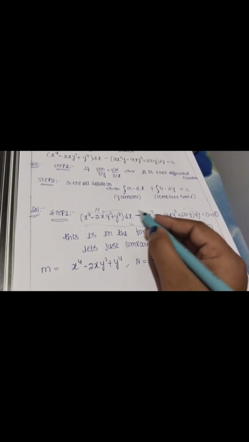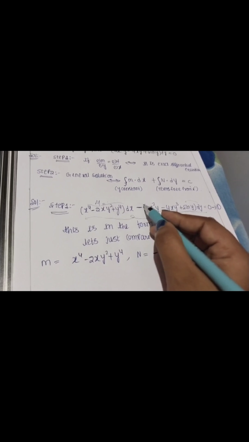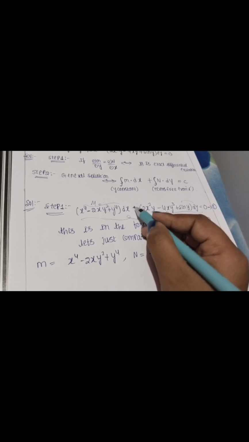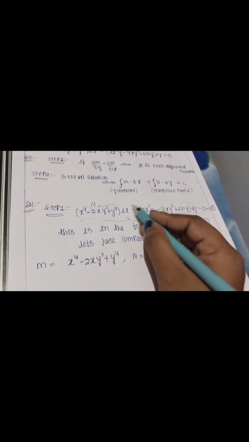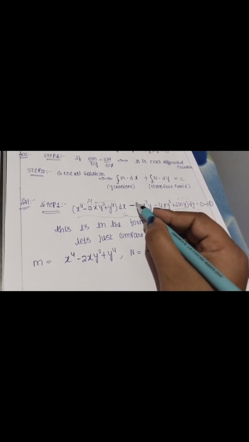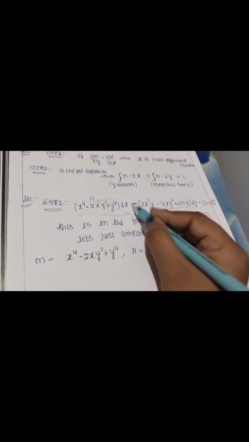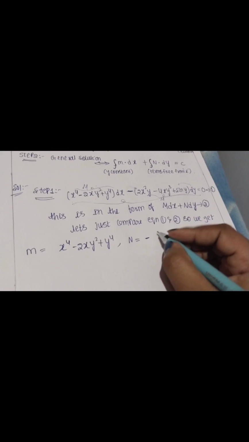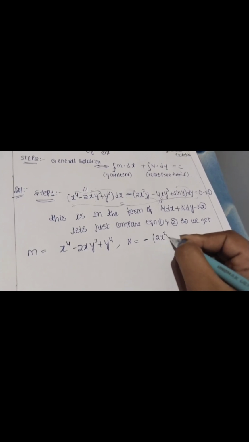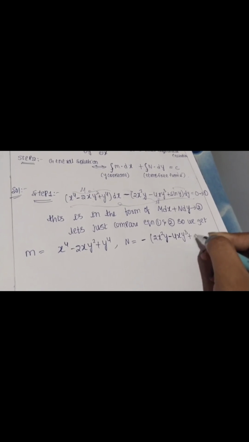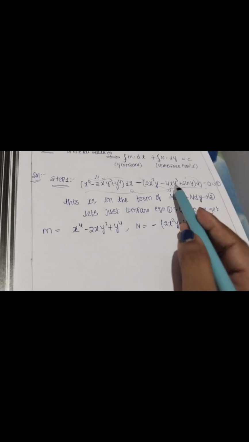Not forgetting the minus is the special and important thing we have to remember, because that's where people go wrong. Everyone makes the mistake of taking plus over here, which is false. So N is minus of 2x square y minus 4xy cube plus sin y. So we have picked the M and N terms.